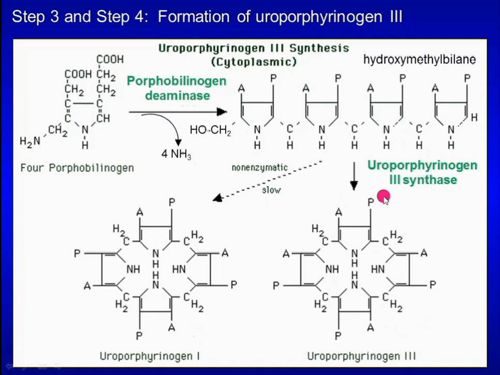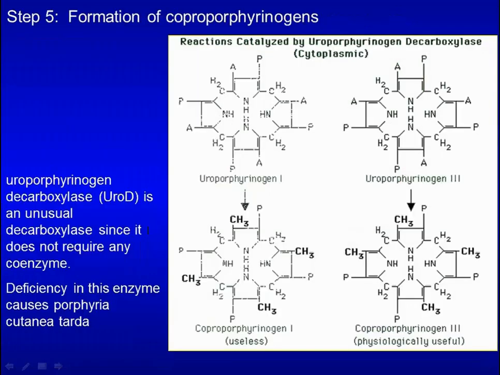This reaction is much faster than the non-enzymatic reaction. In the fifth step, carboxyl groups from 4 acetate side chains are removed by uroporphyrinogen 3 decarboxylase to form coproporphyrinogen 3.